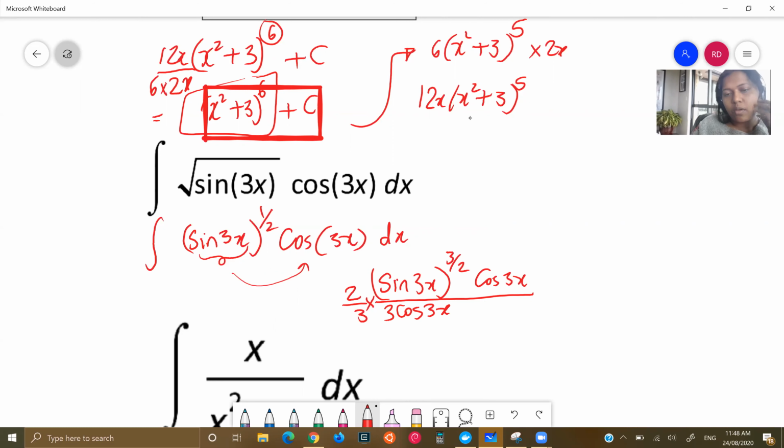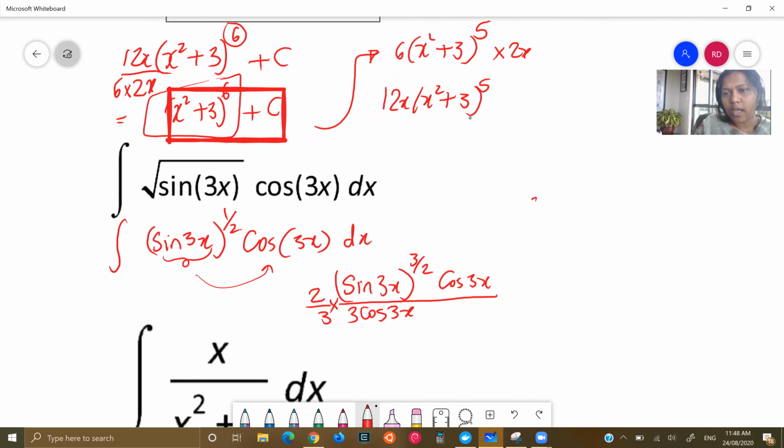So now, if you just move to the side here and differentiate sine 3x, we know it is cos 3x times 3. So that's why I have the 3 cos 3x over there.